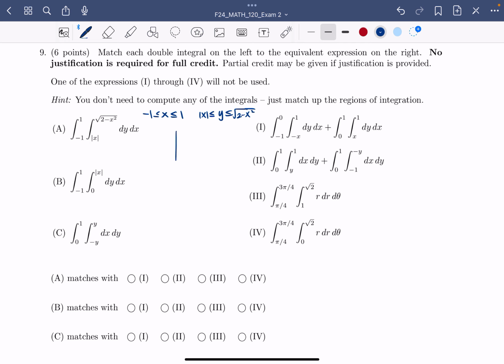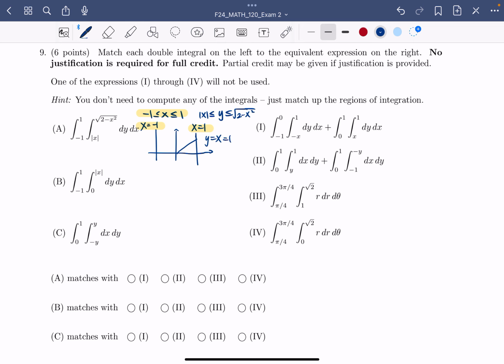So this graph looks like, okay, we have x equals -1 here, and x equals 1 there. So these are the bounds for the first condition. And for the second pair of bounds, we have y equals x right here.